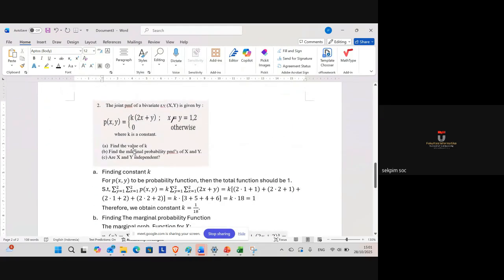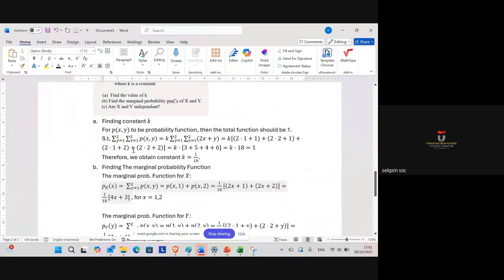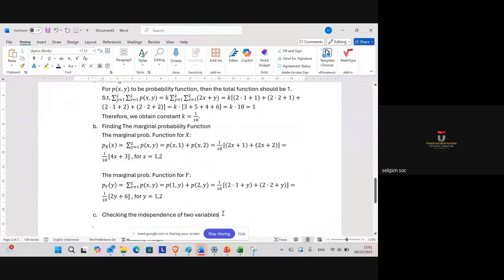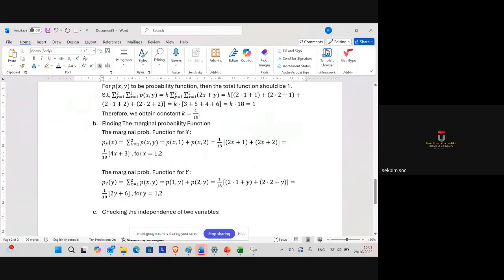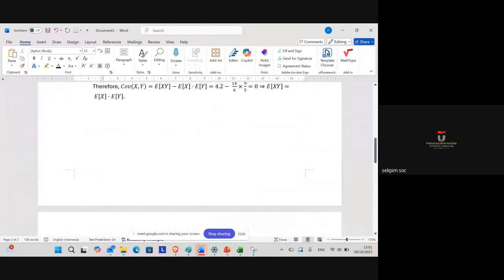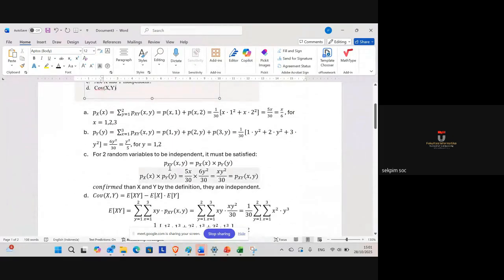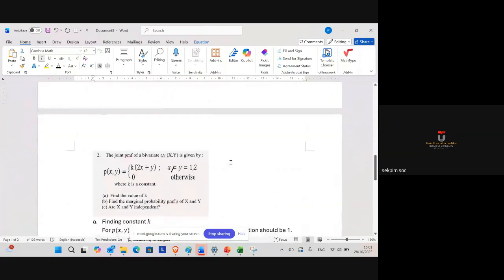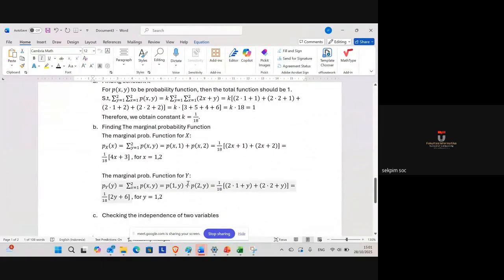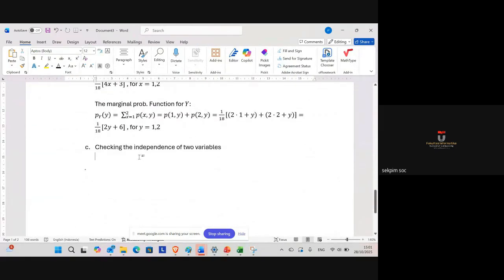And next is point 3, checking whether they are independent. To check independence, just verify that the joint probability equals the multiplication of each marginal function. Is it true?